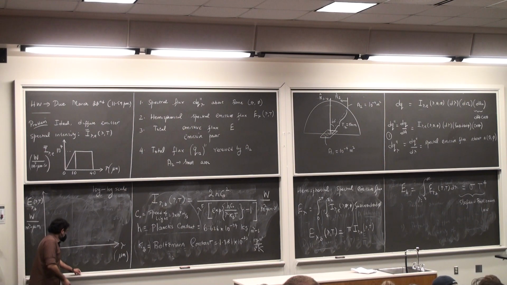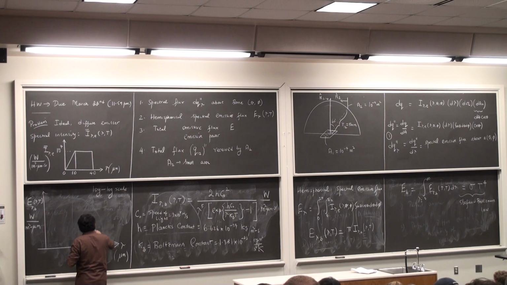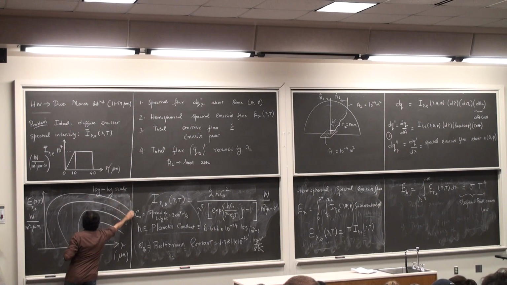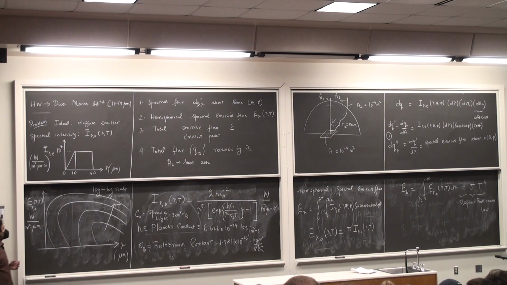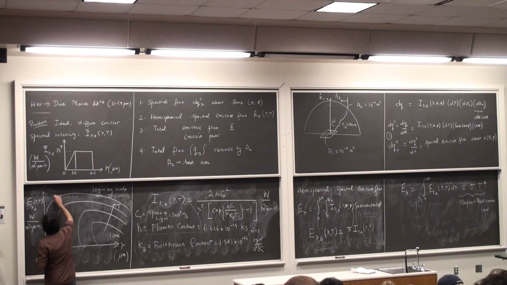And here is the distribution, and so on. So these are all curves for increasing temperature. As I increase the temperature, I get these particular curves. So the first one typically is like 100 Kelvin, and this is close to 5000 Kelvin.